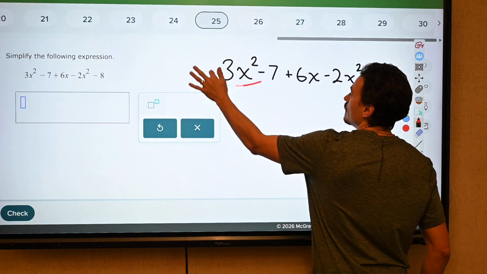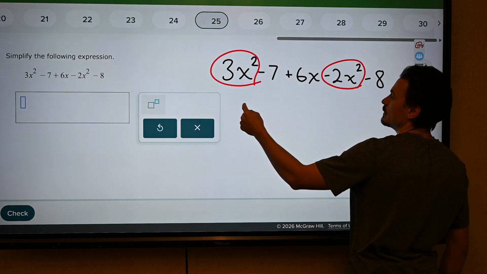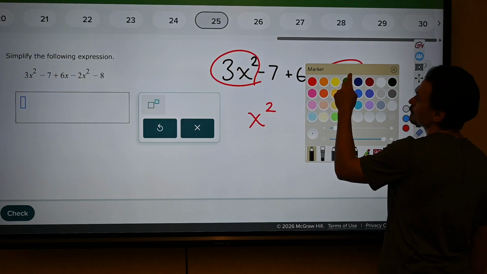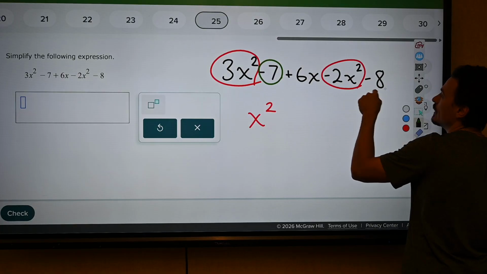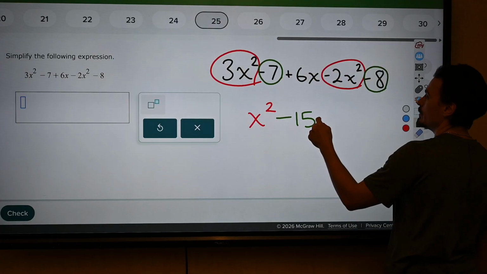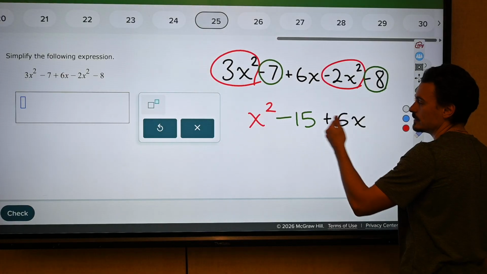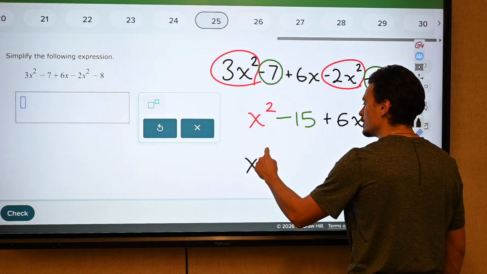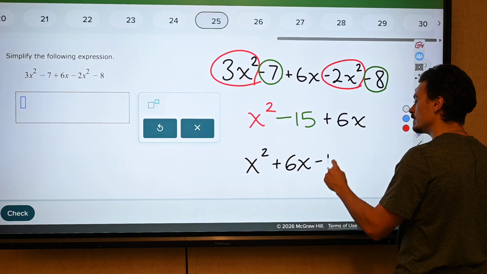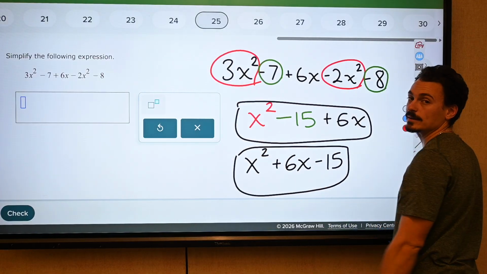Anyways, we've got 3x squared, those are positive, and negative 2x squareds. 3 minus 2 makes 1, so that's x squared. Also, I have negative 7 and negative 8, and that makes negative 15 total. And then plus 6x. For the sake of correct math, we like to write this in standard form if possible, so we want descending order on the powers of our exponents. So that would be the correct answer. If you wrote it like this, both of these are correct.